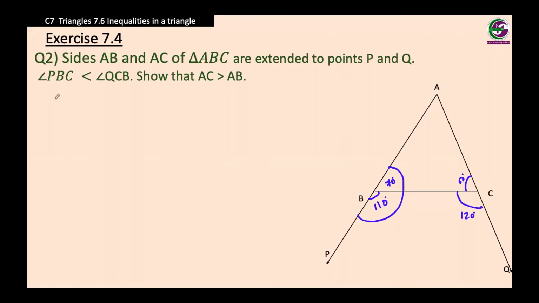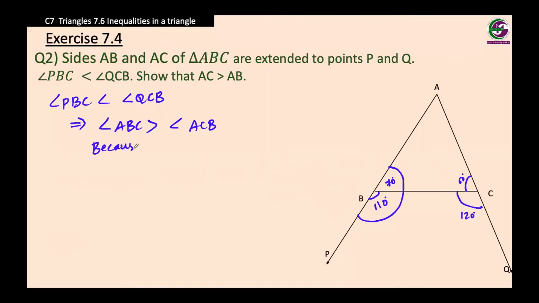So let us write this down. Angle PBC is less than angle QCB will give us angle ABC is greater than angle ACB, because both of them are forming a straight line.